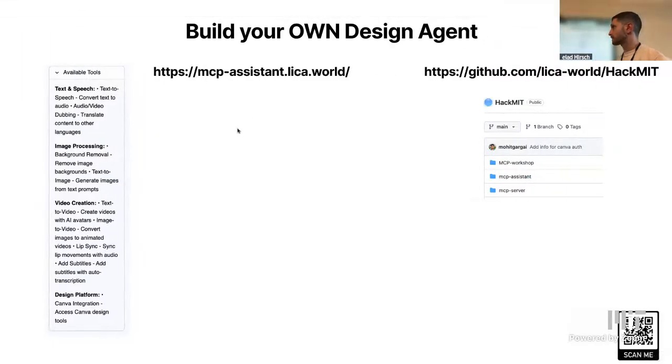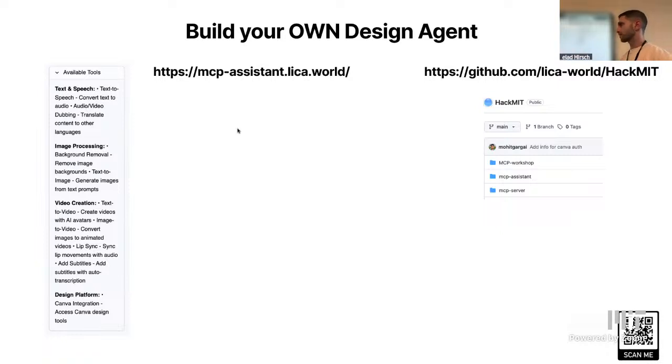We'll give you access to LicaMCP, which can do many types of actions, like actions in text and speech, image processing, video creation, design. It has access to Reddit if you just want to do something with Reddit, avatars.